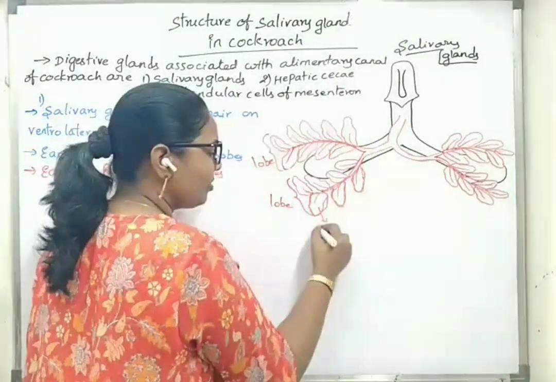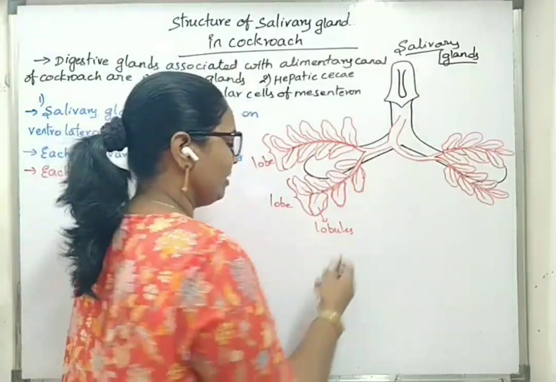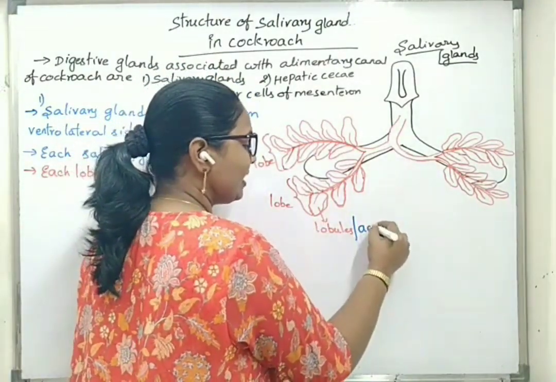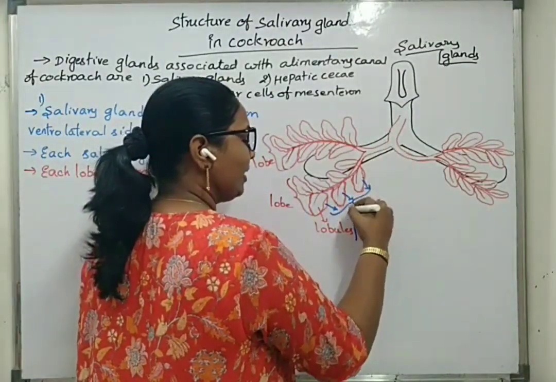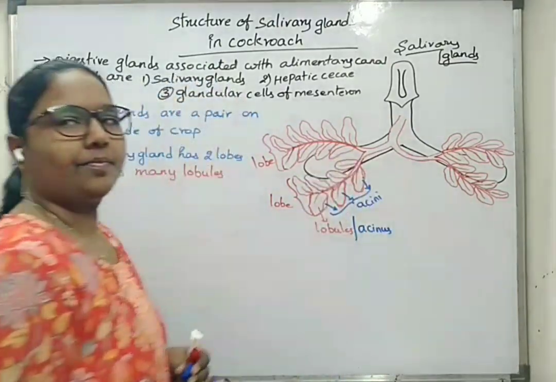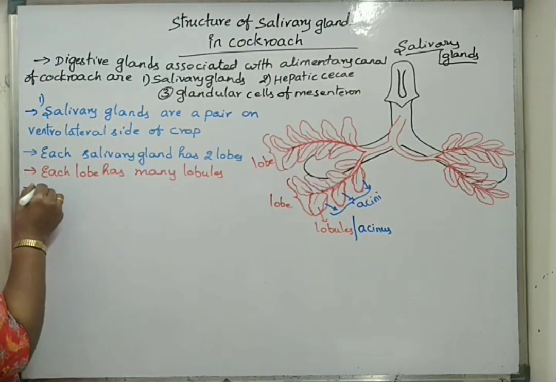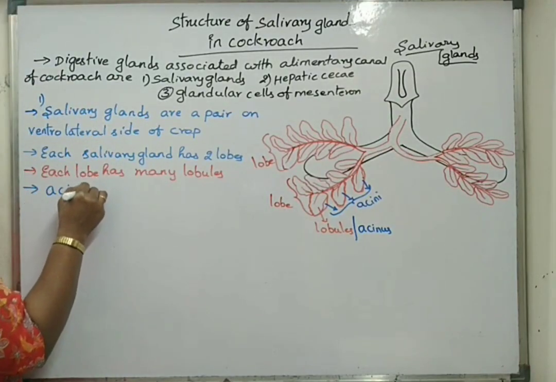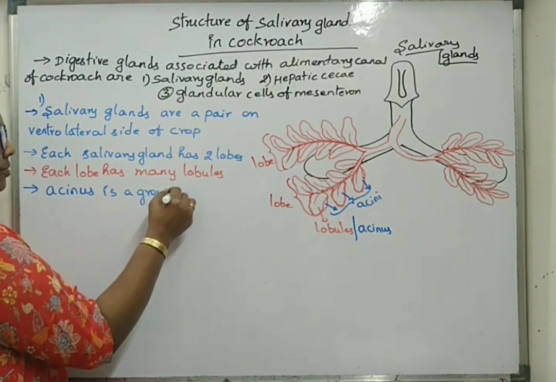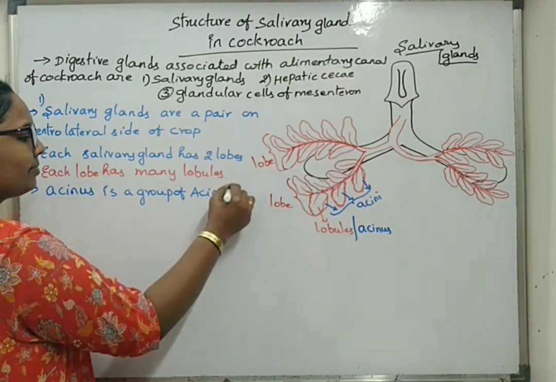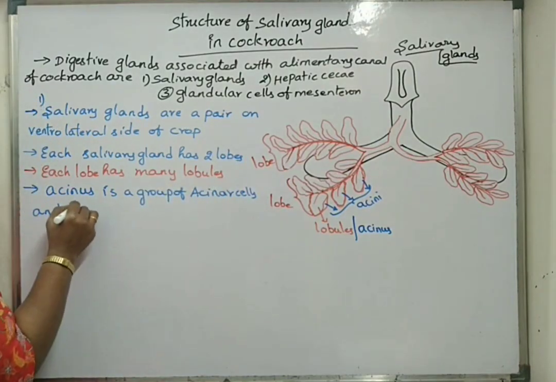So, these are also called lobules along with other term, that is, single one is called an acinus. Many together are called acini. Now, this acinus or the lobule, each one is a group of acinar cells and zymogen cells.